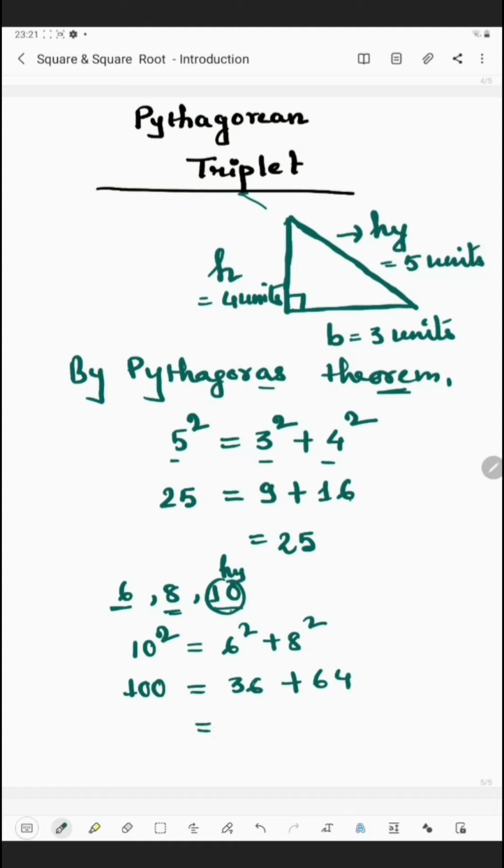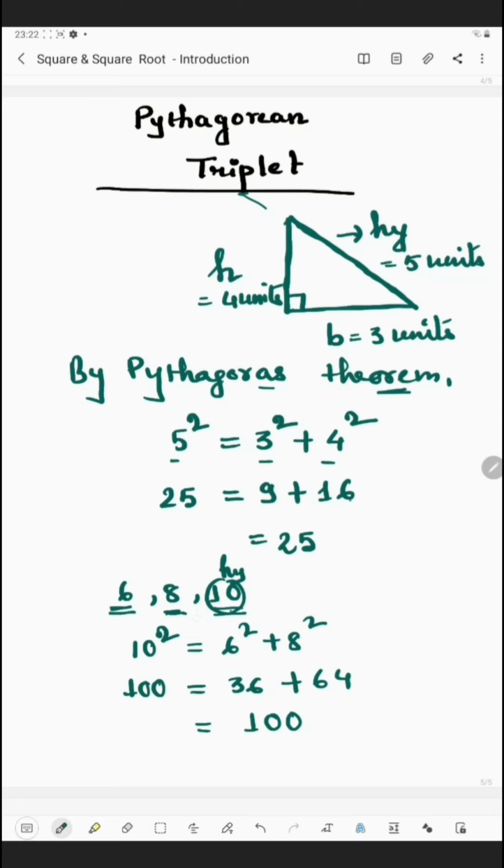If you add 36 and 64, 6 plus 4 is 10, 0 and 1 carry, 6 plus 3 is 9, 9 plus 1 is 10. So left hand side equals right hand side, which means 6, 8, 10 are the three members of a Pythagorean triplet.